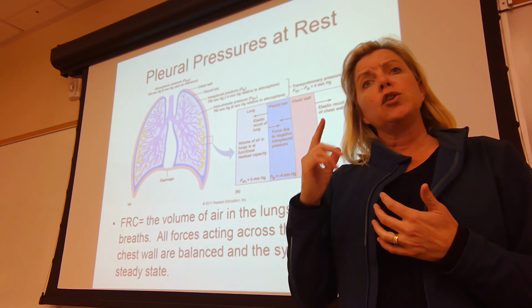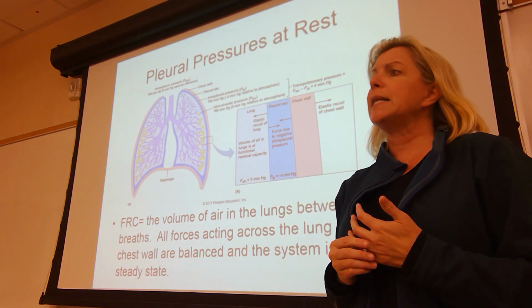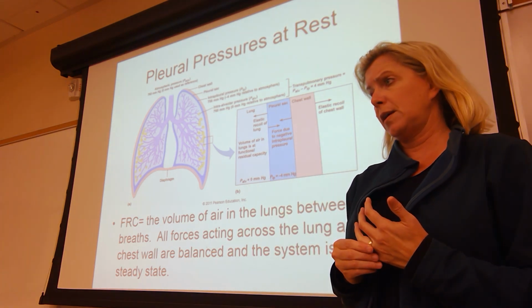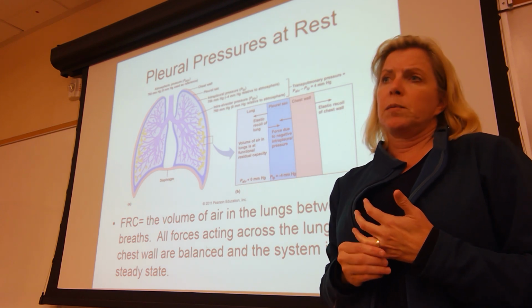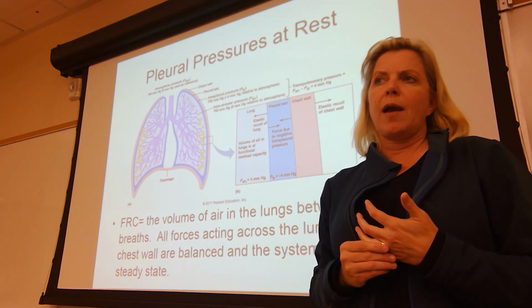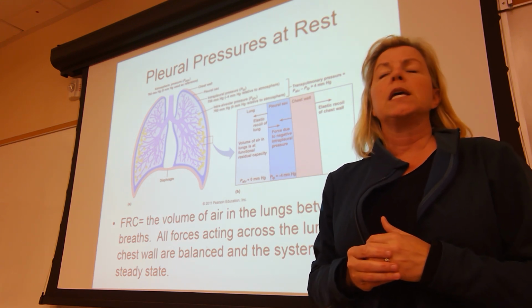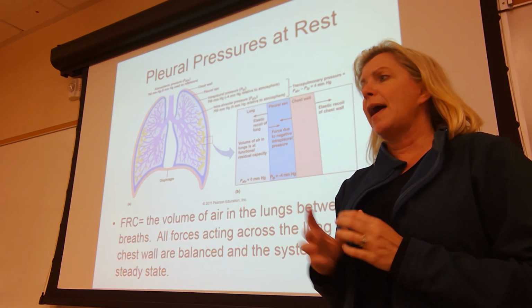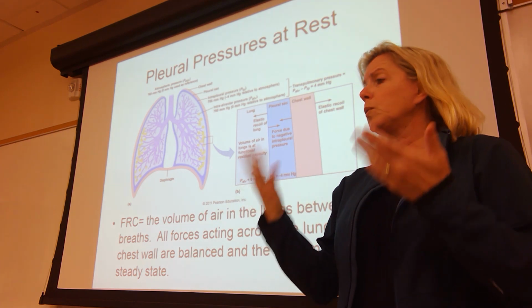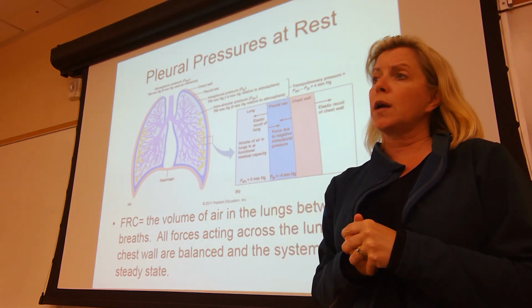How much air can you forcibly blow out in the first second of your exhale? You should be able to get 80% of your air out in the first second of exhale. If you cannot, then that is a diagnostic tool where we will now say you have an obstructive disorder.